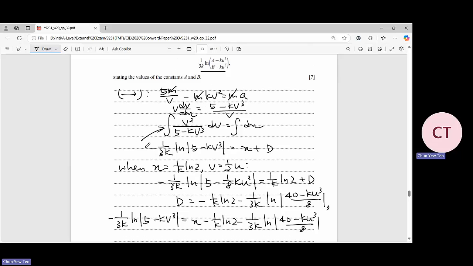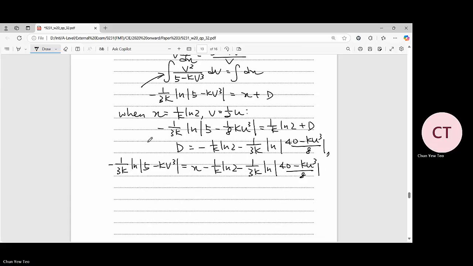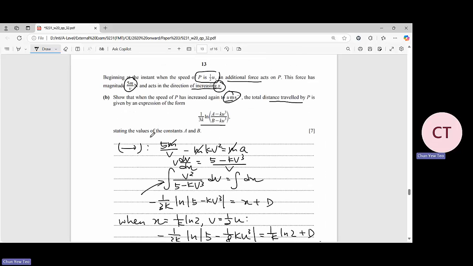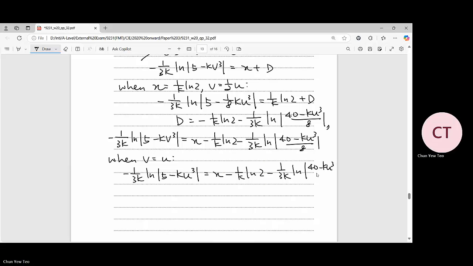Then the question is looking for when the v has become u again. So what will be the expression of the distance traveled? So when V is equal to U, you get negative 1 over 3k ln 5 minus ku cubed is equal to x minus 1 over k ln 2 minus 1 over 3k ln of 40 minus ku cubed over 8.